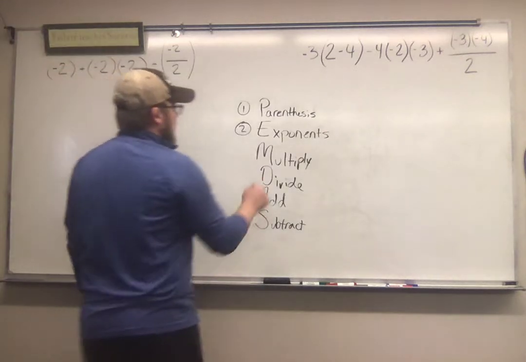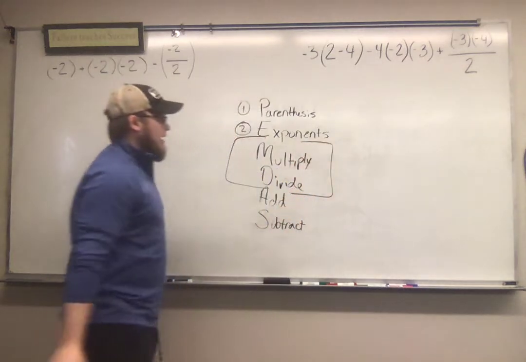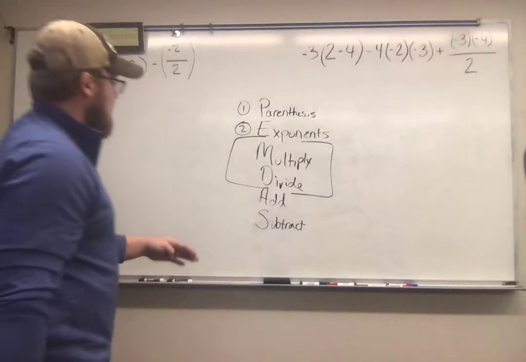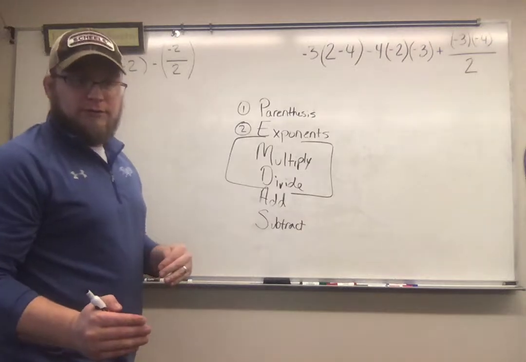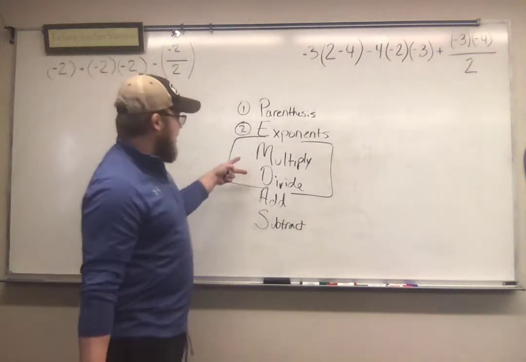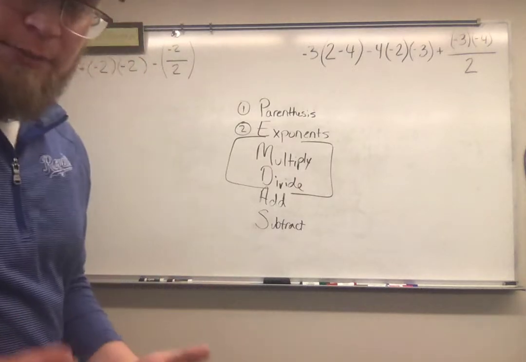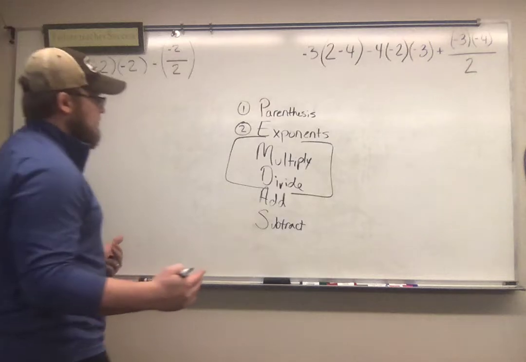Multiply and divide. Multiply is listed first, but that doesn't always mean you do that one first. Those two you treat as equal, and whichever one is listed first in the problem from left to right, that's the one you do first.